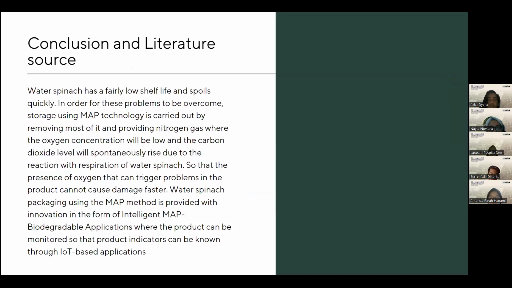Okay, so the conclusion for this problem is that water spinach has a fairly low shelf life and spoils quickly.